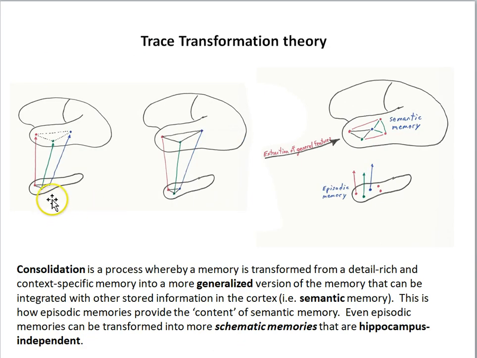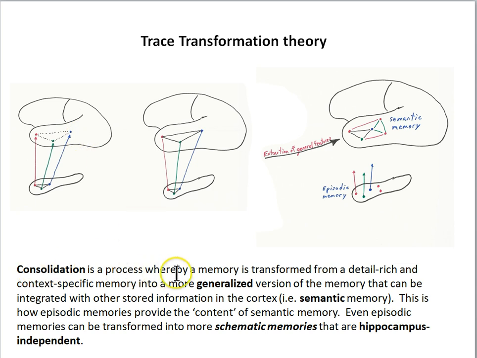Now, this idea of consolidation, whereby the hippocampus is in communication with the cortex and helps the cortex make a stronger cortical memory, we're also going to use this to help us understand how episodic memories can be transformed into semantic type memories.